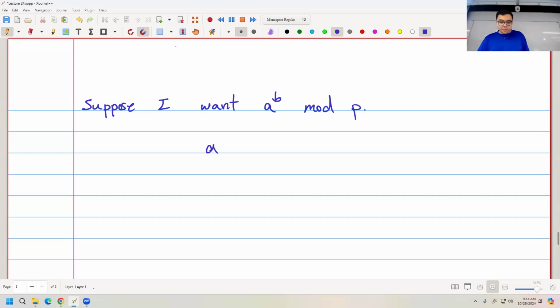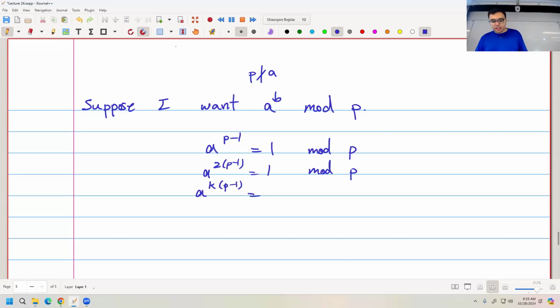I know that A to the power of P minus 1, and again, here, let's say that P doesn't divide A, A to the power of P minus 1 is 1, right? Modulo P. Which means that if I multiply this by itself, I'm just multiplying 1 by 1. So A to the power of 2 times P minus 1 is also 1 modulo P. A to the power of any number times P minus 1 is 1 modulo P.